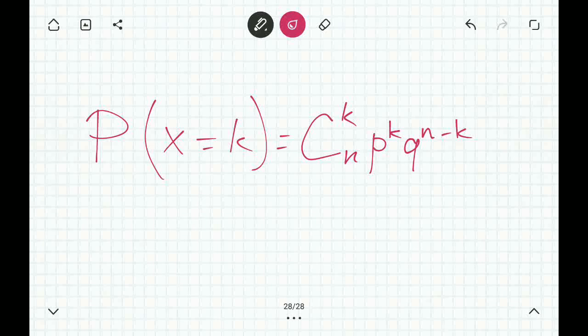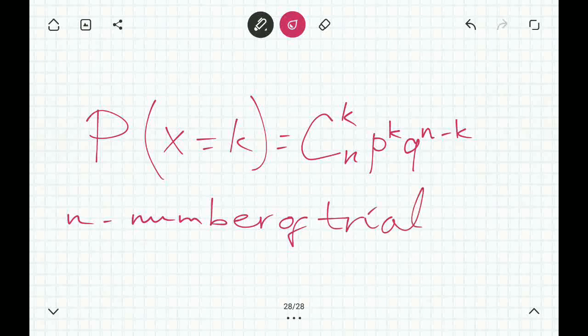And here n is the number of trials. And this formula will work always.